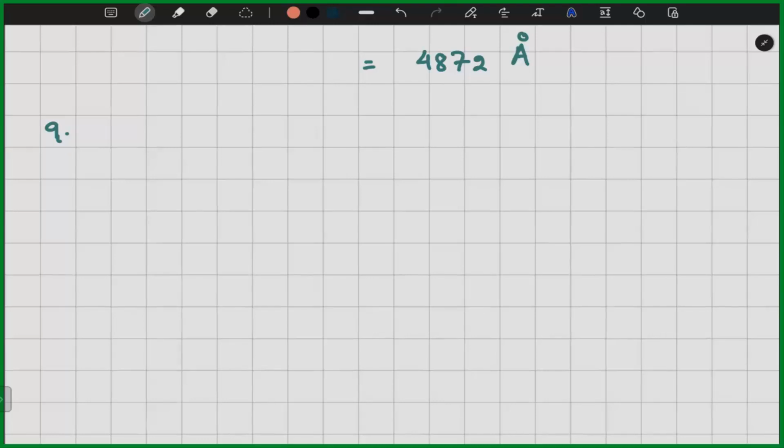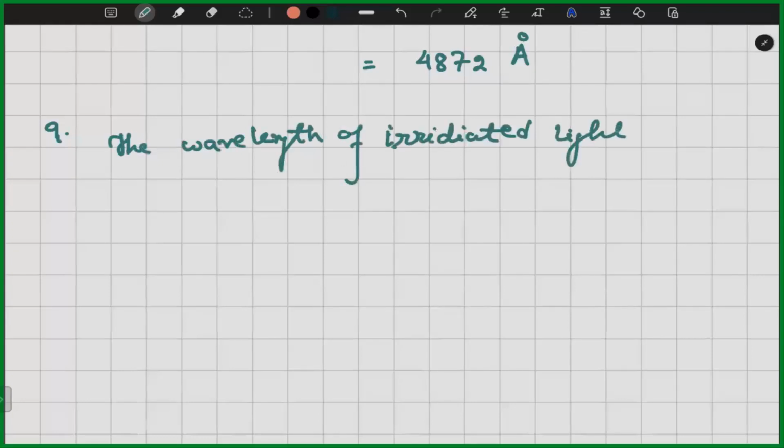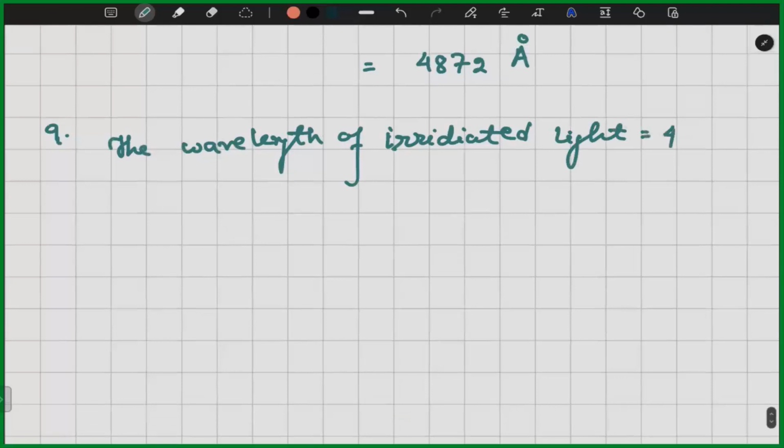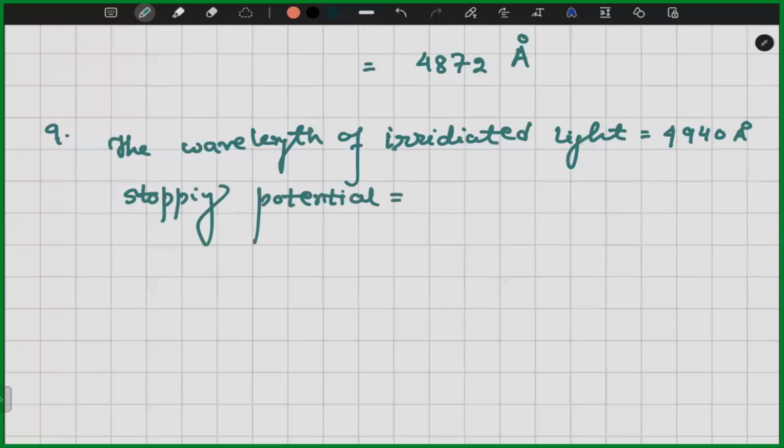Okay. For a metal surface, again the wavelength of the irradiated light is given, which is 4940 angstrom. The stopping potential V0 is 0.6 volt.